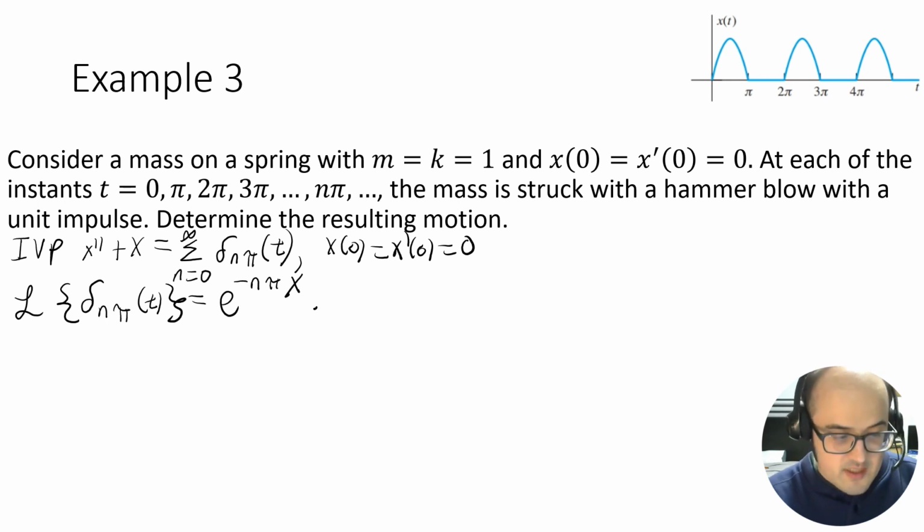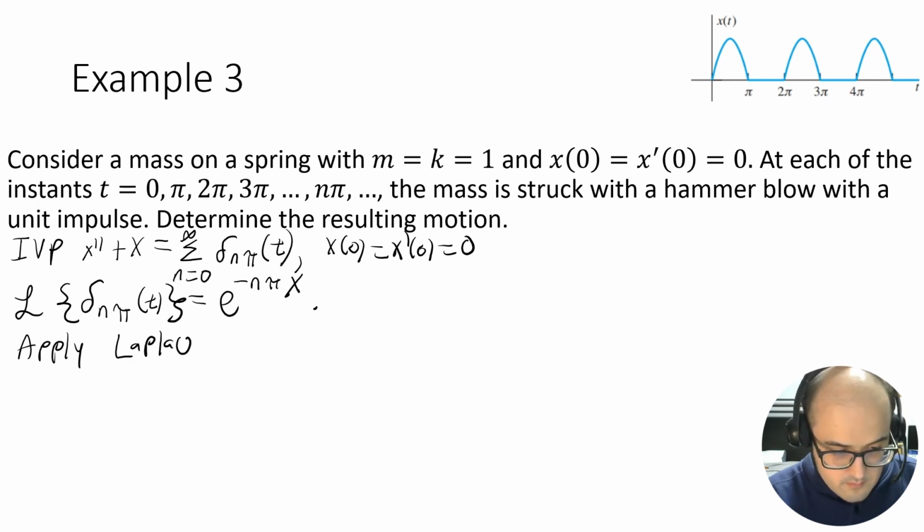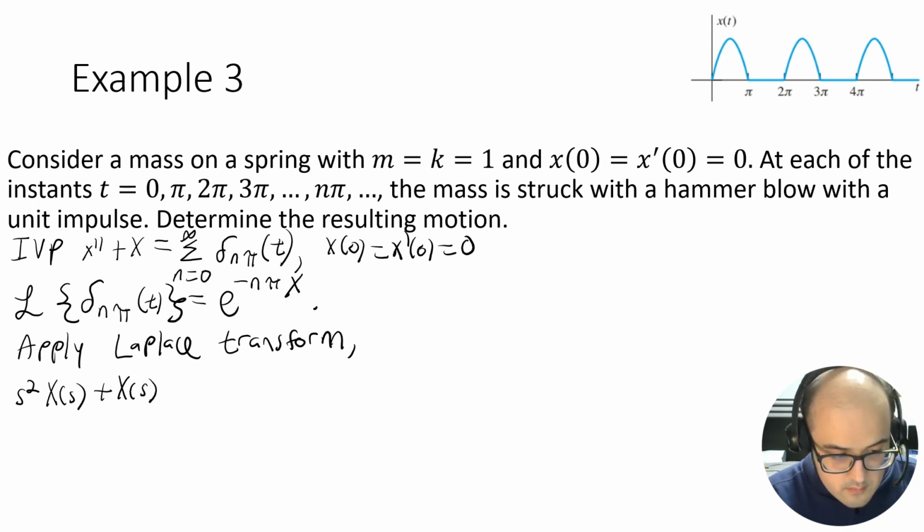So, applying that Laplace transform, we would get s squared times capital X of s plus capital X of s is equal to the sum from n is 0 to infinity of e to the negative n pi s.